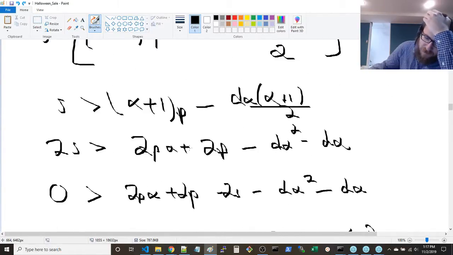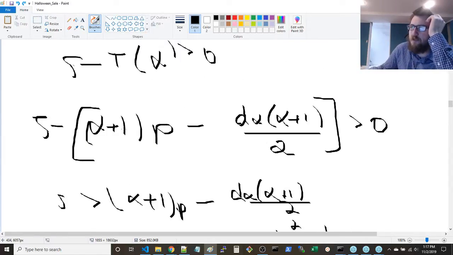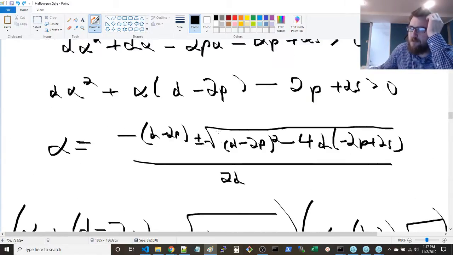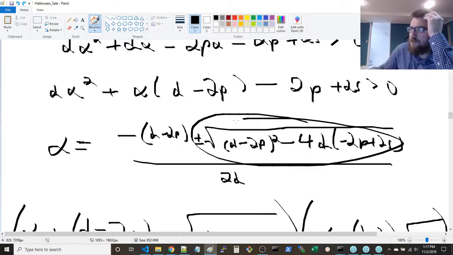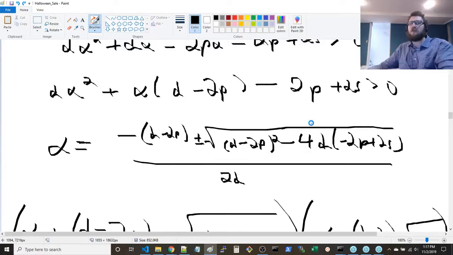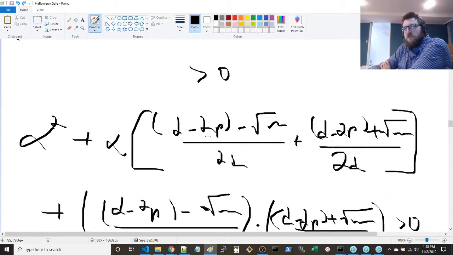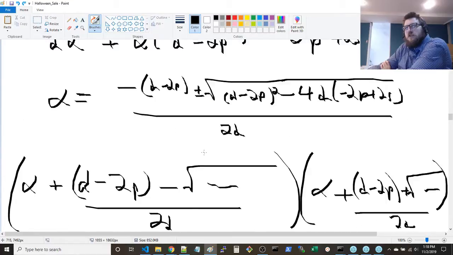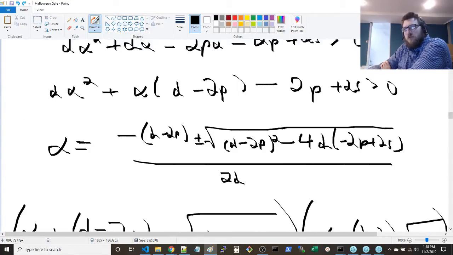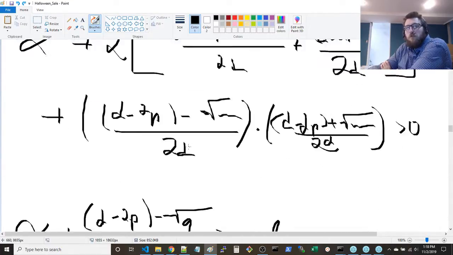That's kind of interesting. Math always kind of blows my mind. If it's actually not possible for this expression to be non-zero, you end up with an imaginary number in this portion, which is kind of cool. But I think that's exactly when S is less than P, then alpha simply cannot be greater than 0. And so this expression gives you an imaginary number for alpha. Kind of cool.